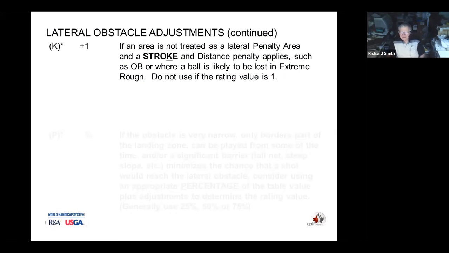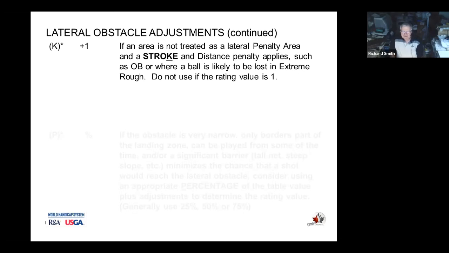Okay, if a lateral area is not a penalty area, in other words, it's probably going to be either OB or extreme rough, and a stroke and distance penalty will apply because it's not treated as a penalty area, then to recognize that, we have a K+1 adjustment that we would add.